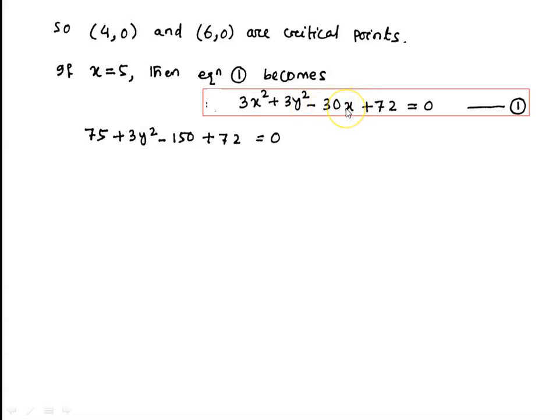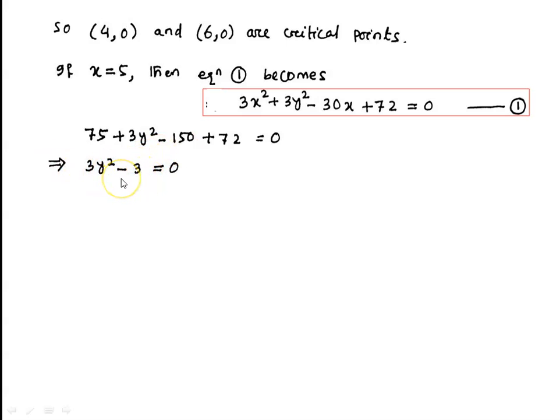So 30 into 5 is 150, plus 72 is equal to 0. Now we have 75 plus 72, that is 147, minus 150, which is minus 3. So 3y square minus 3 is equal to 0.